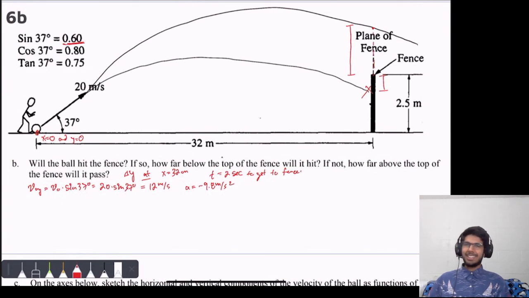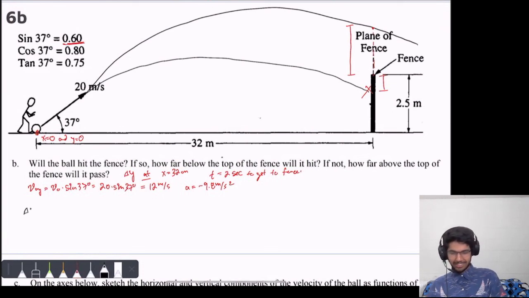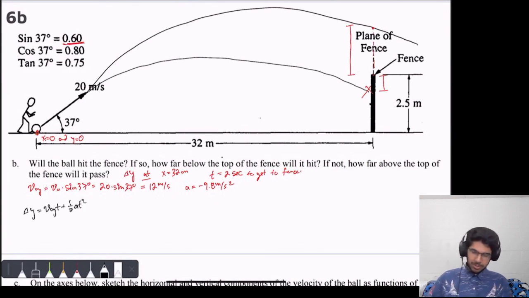So, you probably guessed it, kinematics equations, and our favorite one, delta y equals v naught y t plus 1/2 a t squared. We're solving for delta y, so it's already isolated, which helps us out a lot.